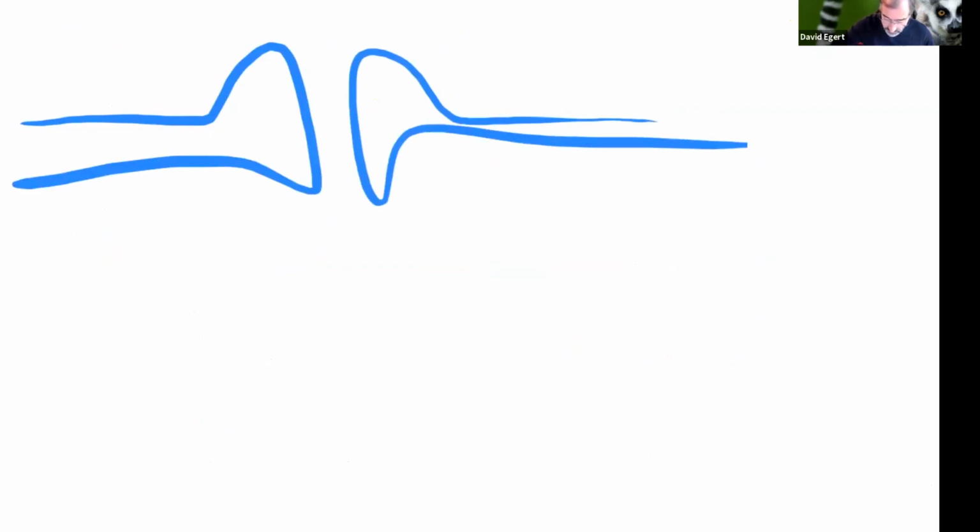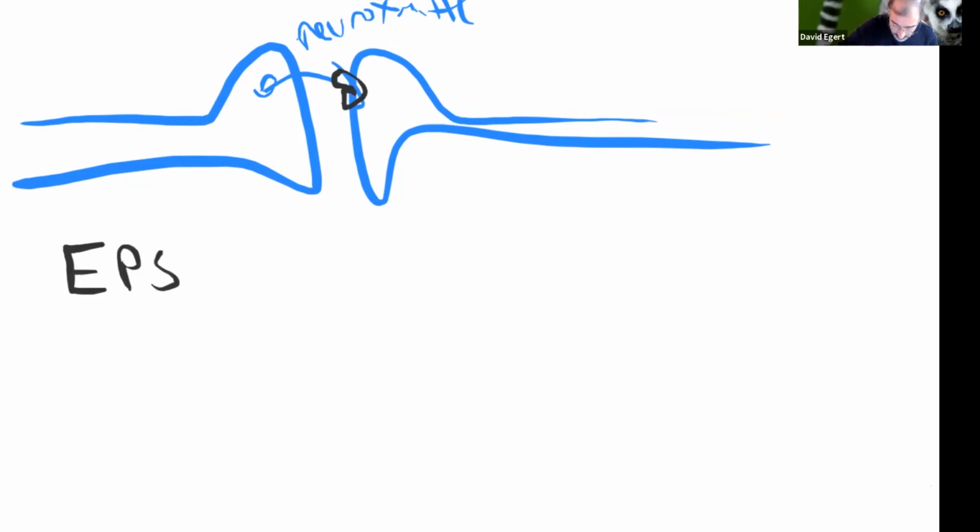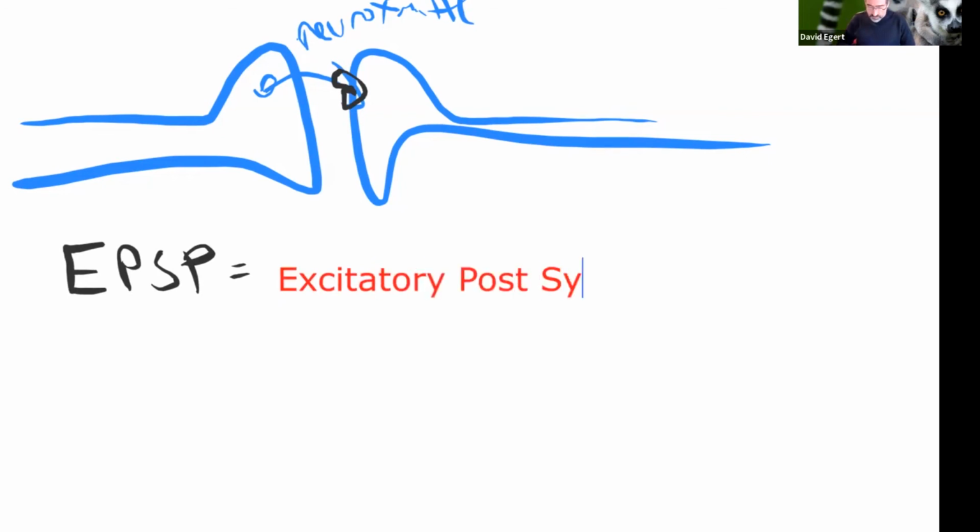Here was the synapse. We released the neurotransmitter, binding onto the receptors. We have what we call EPSP, and that is going to be excitatory post-synaptic potential.